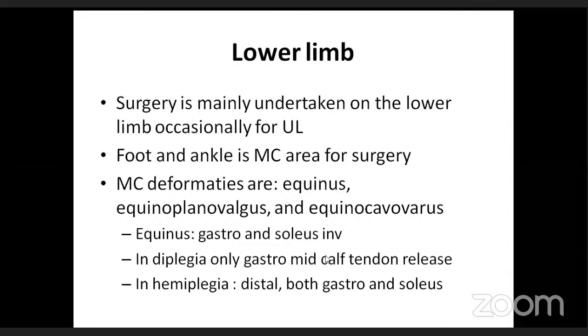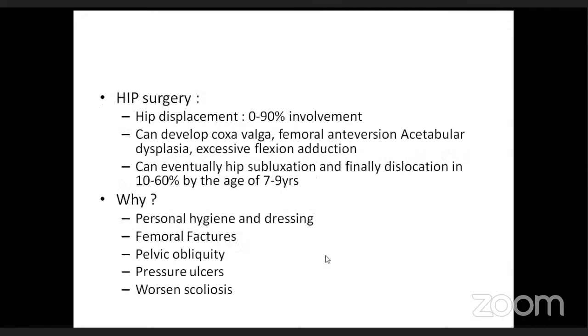So in diplegia, you only operate on gastro from mid calf tendon release. However, when you have hemiplegia, you have to go a little more distal, in which you operate on both gastro and soleus.